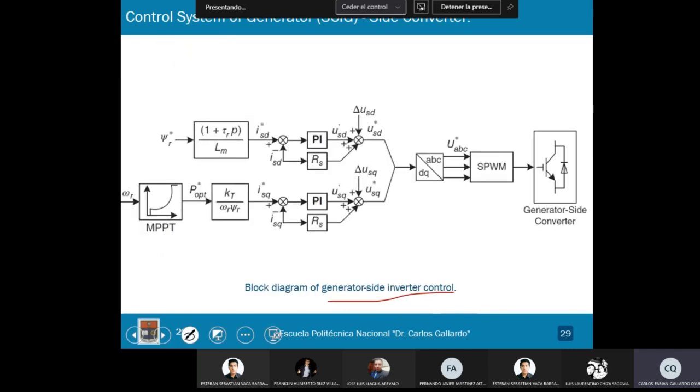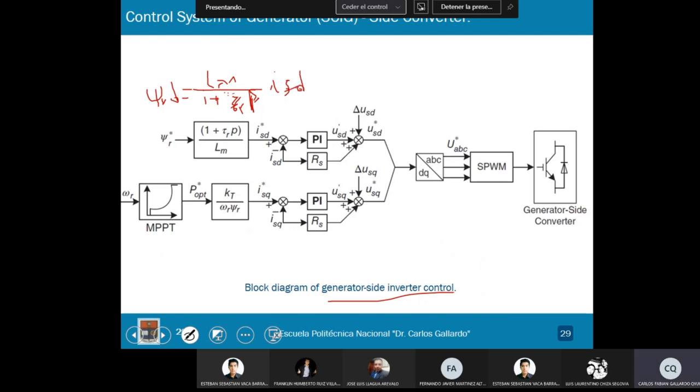So this is the rotor flux on the d-axis, which is equal to the magnetizing inductance over 1 plus the time constant times P, times the stator current on the d-axis.